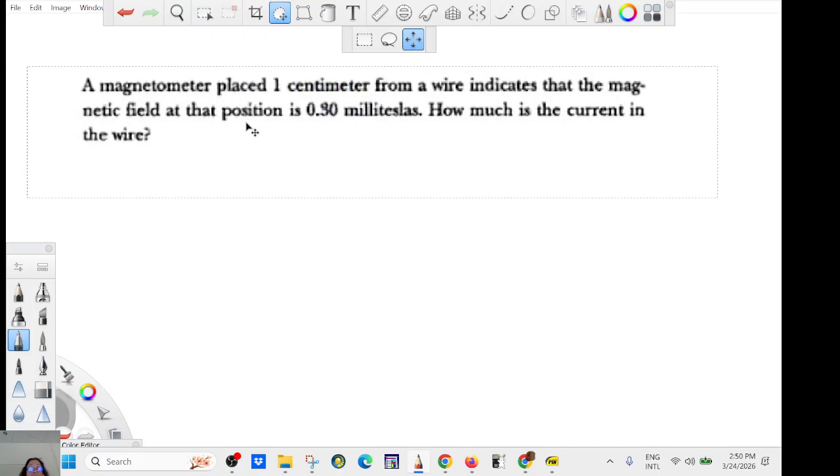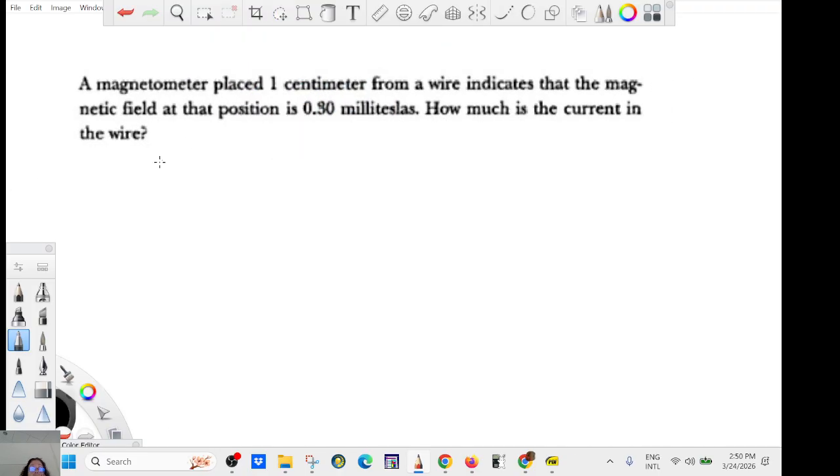Okay, so what's the equation for B, the magnetic field produced by a straight wire? You have a current I. This is a wire, and you connect that wire to a power supply somewhere.